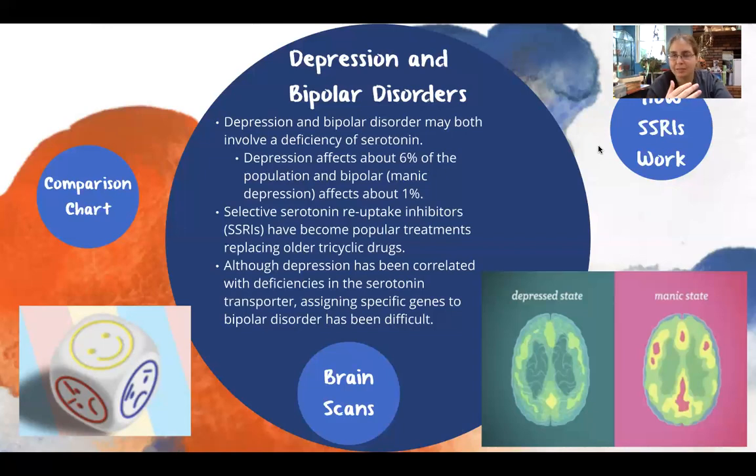So even though you have enough serotonin, the receptors aren't picking it up like they should and reacting with it. Either way, it means that it's going to be harder to send that signal of happiness across, thus leading to depression.